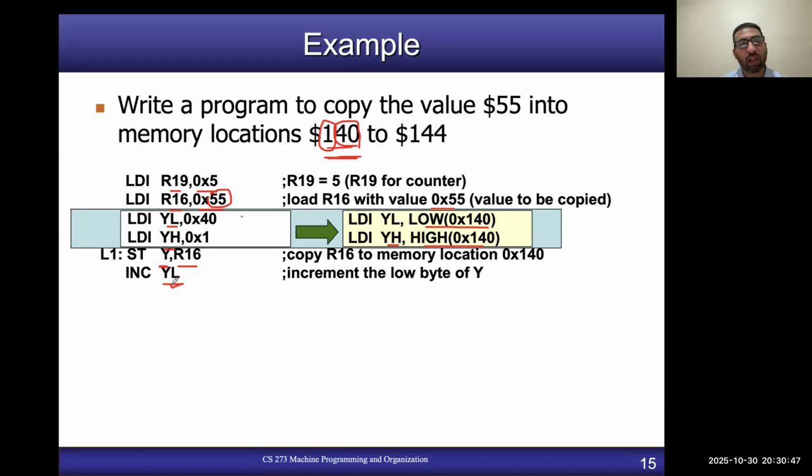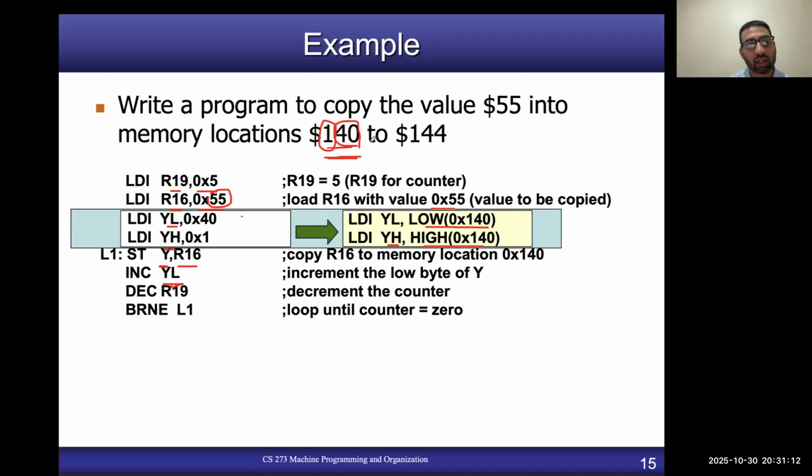Again, this is important: you cannot increment the Y register, but you can increment the low byte of the register. So if you say increment YL, the address will change from 0x140 to 0x141. Now it will be pointing to the next byte, right?